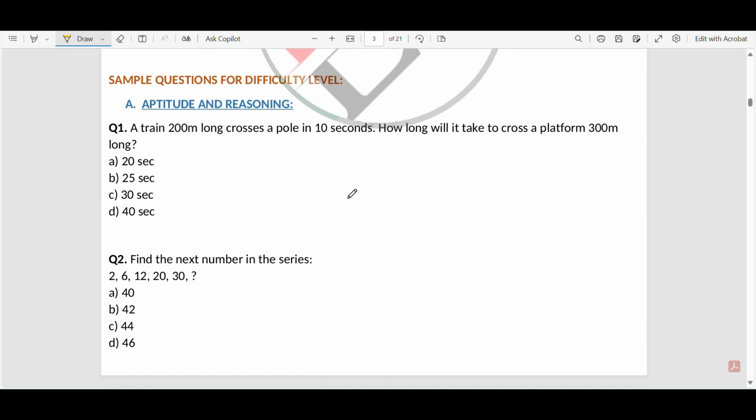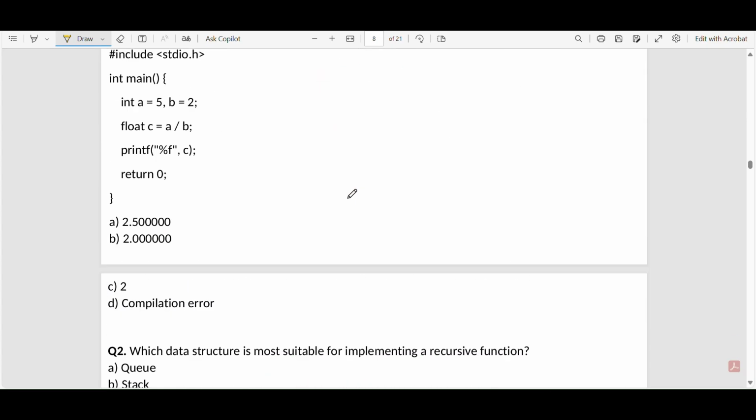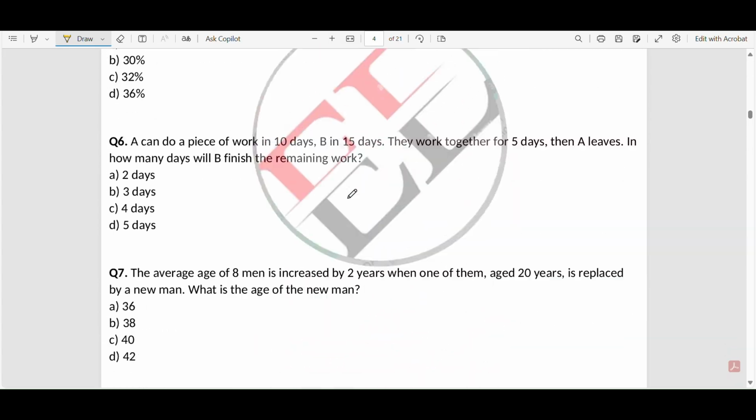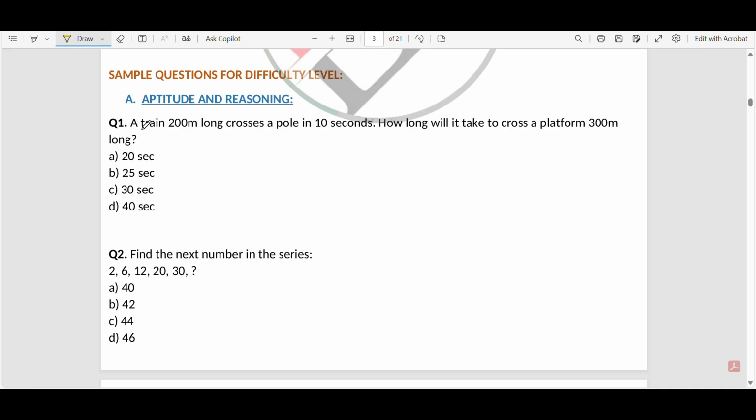And next, we have the sample questions. Here we have n number of questions, and now I'm going to solve them for you. So let's get into aptitude and reasoning first.